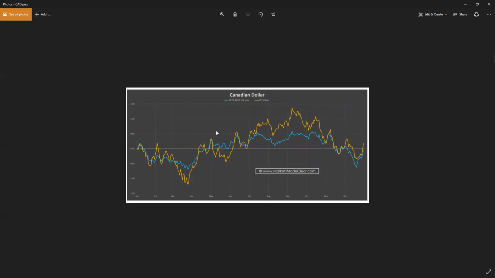The first thing that immediately catches my eyes is where it would be a really strong bullish condition for the Canadian dollar itself. So if you look at a low point, we're going to the high point.